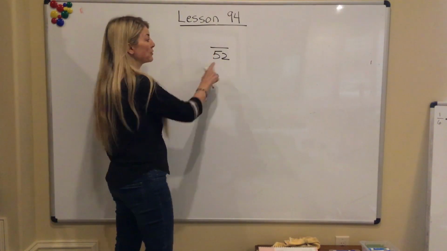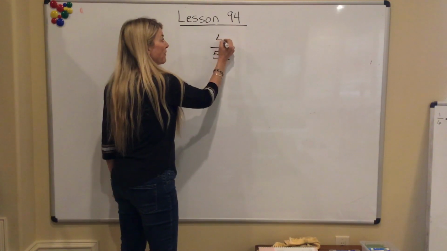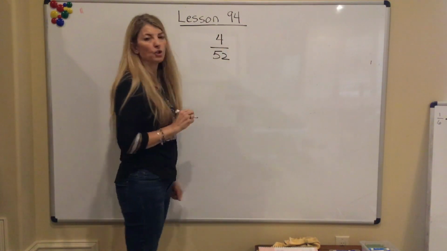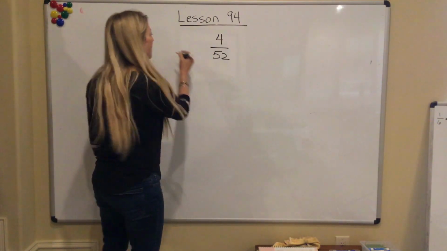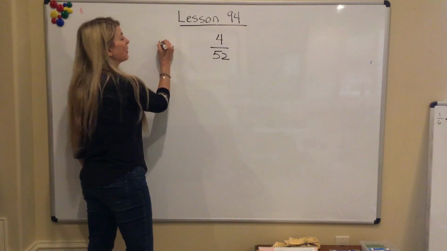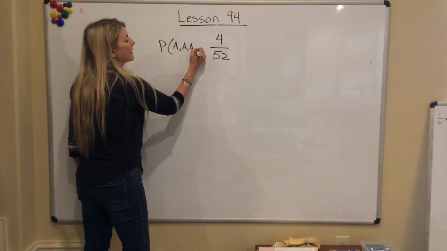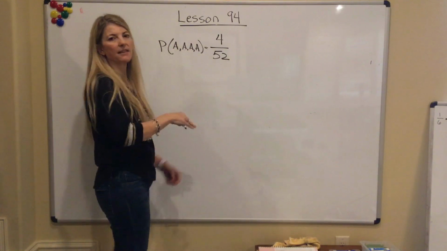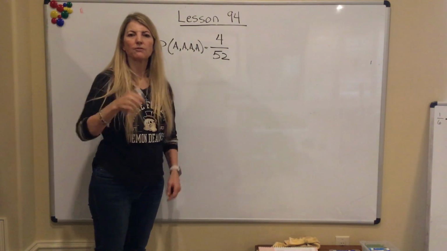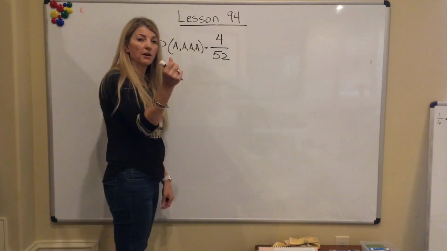So the first time I draw out of the 52 cards, there's 4 out of 52 as the possibility that I would draw an ace. But what we want to find out is the probability that on 4 draws, I will draw an ace, an ace, an ace, and an ace, and draw all 4 aces in 4 random draws out of a deck of cards. So I'm going to draw the first card.